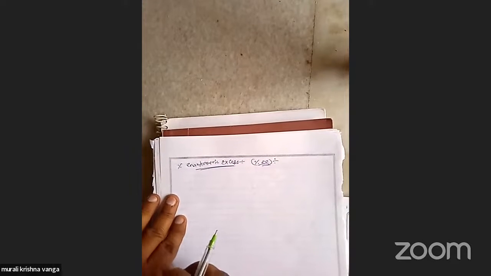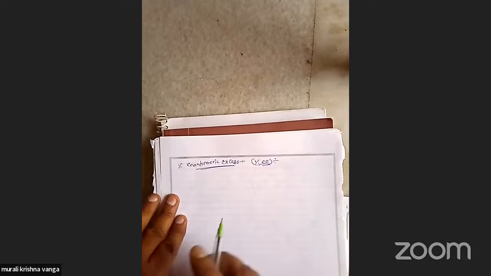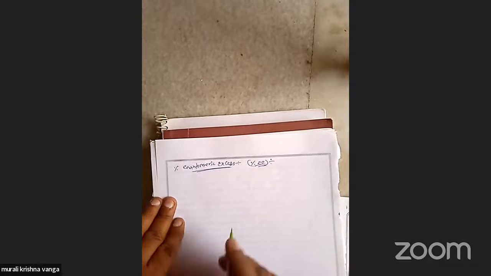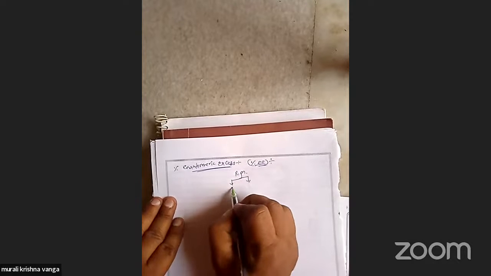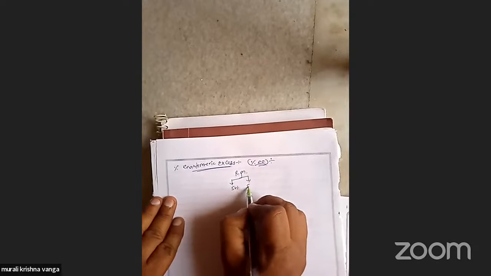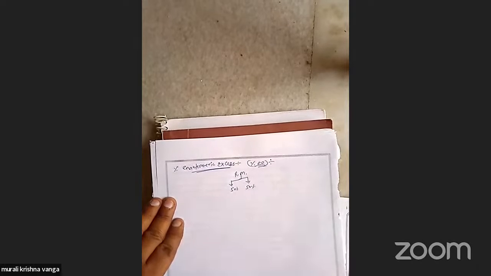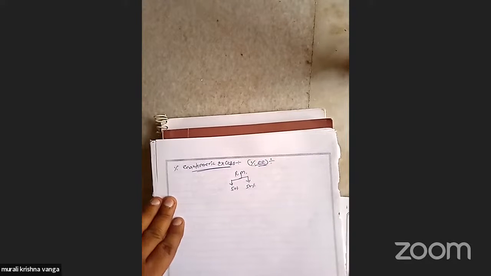The excess of one enantiomer over the racemic mixture is called enantiomeric excess. Racemic mixture means 50-50%. So what is over that is the enantiomeric excess.